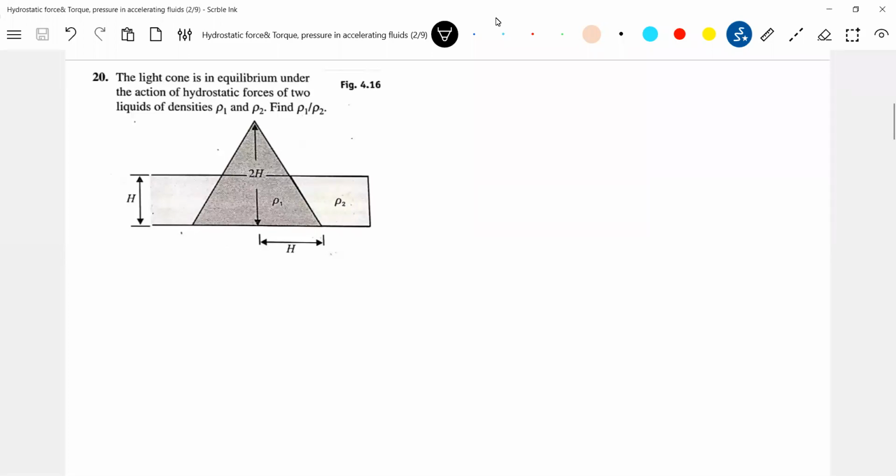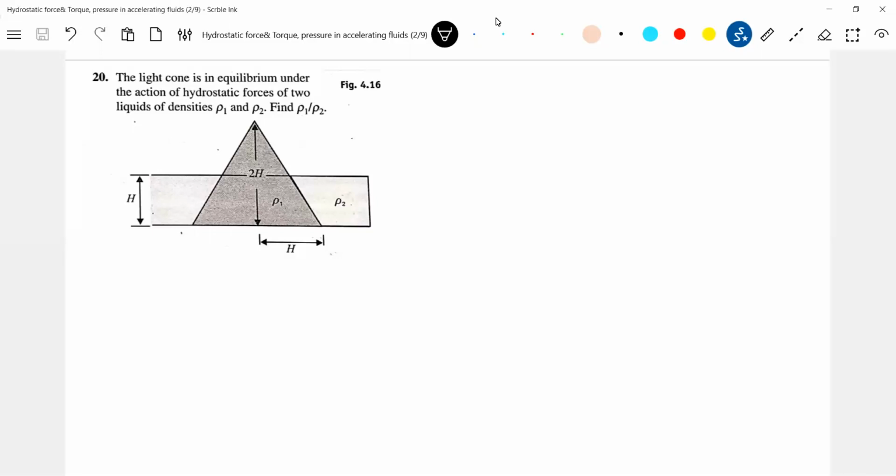I showed yesterday the wedge where we did integration, no? We did some integration, and with friction we discussed some problem. Now read this question. It's a light cone, so there's a cone.